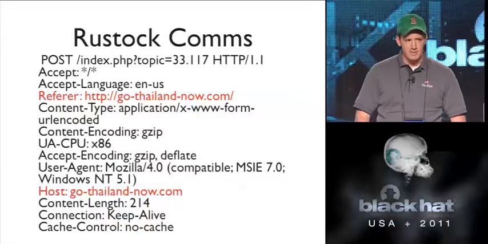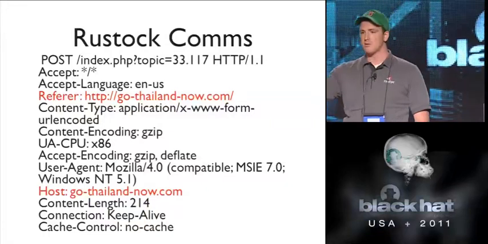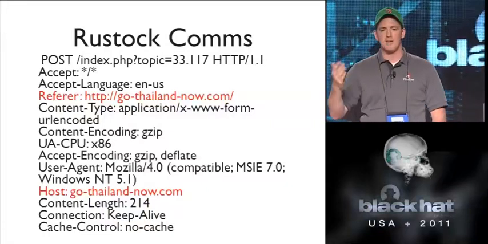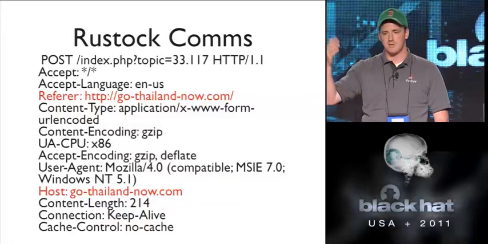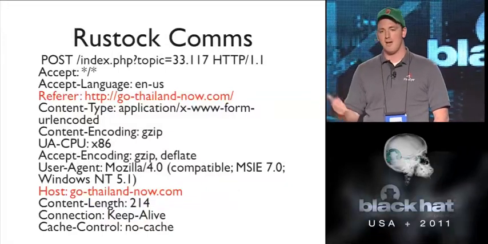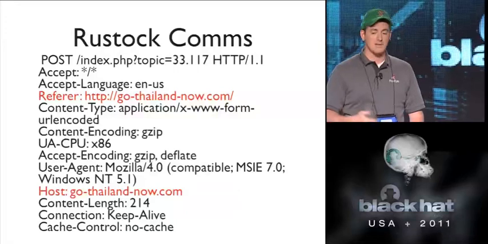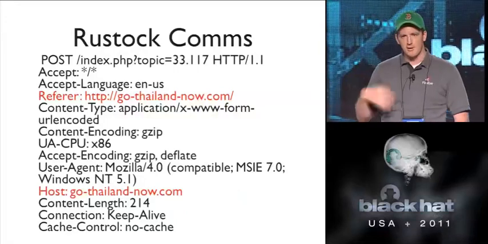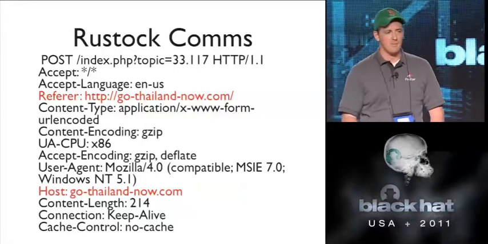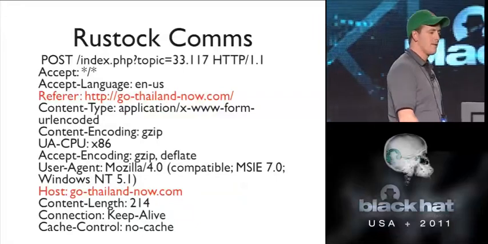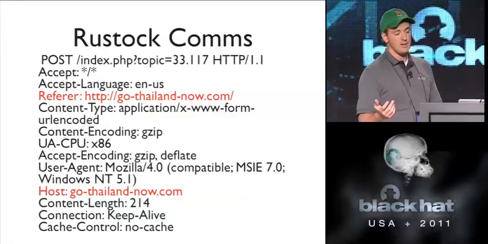They had a full HTTP header instead of just small chunks, because you can get by with just a GET or a POST and then a host header. That's all you need for HTTP to work. But a browser has accept language, accept encoding, pragma, all that garbage. So they added all that in, even though they didn't really need it.